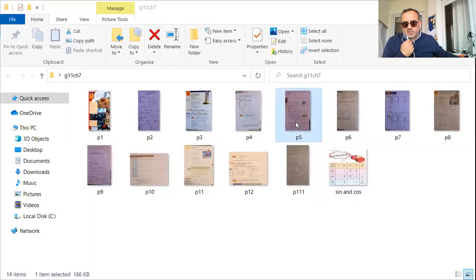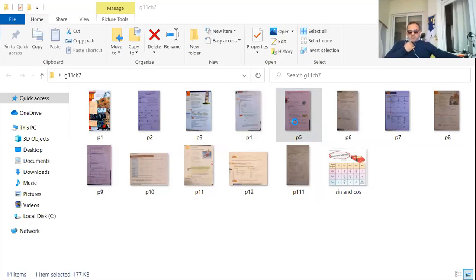Okay, section 3, let me start with section 3. This one, section 3, trigonometric identities.